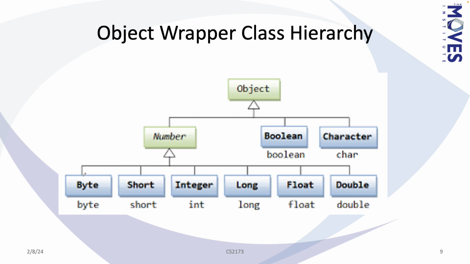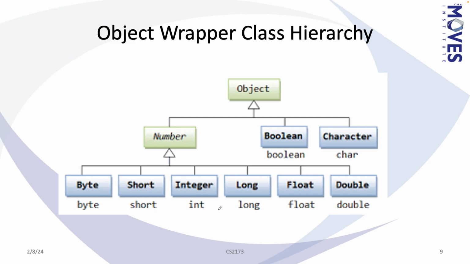So what are the different numbers? Bytes, shorts, integers, longs, floats, doubles. Longs, doubles, and integers are really the only ones that we deal with. As I said, floats don't have enough precision to do the kind of calculations you'd need if you're writing an application with calculations in it.